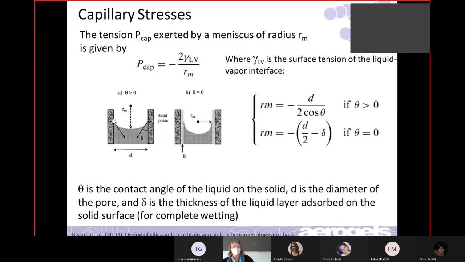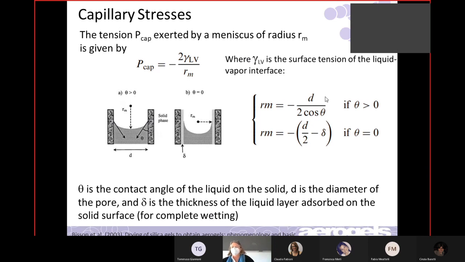You form the meniscus. And that meniscus has some radius of curvature on it that is related to the angle between the liquid and the solid surface. So for the case of it being greater than 0, this radius, Rm, is just the diameter divided by 2 cosine theta.